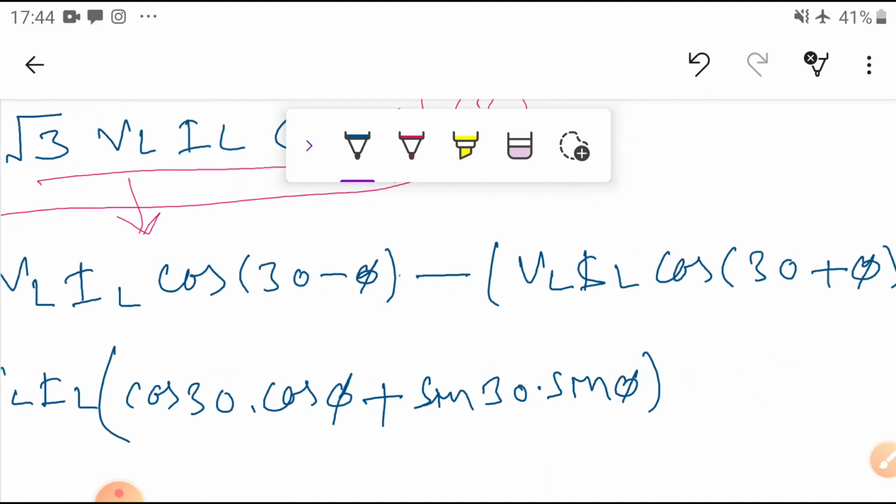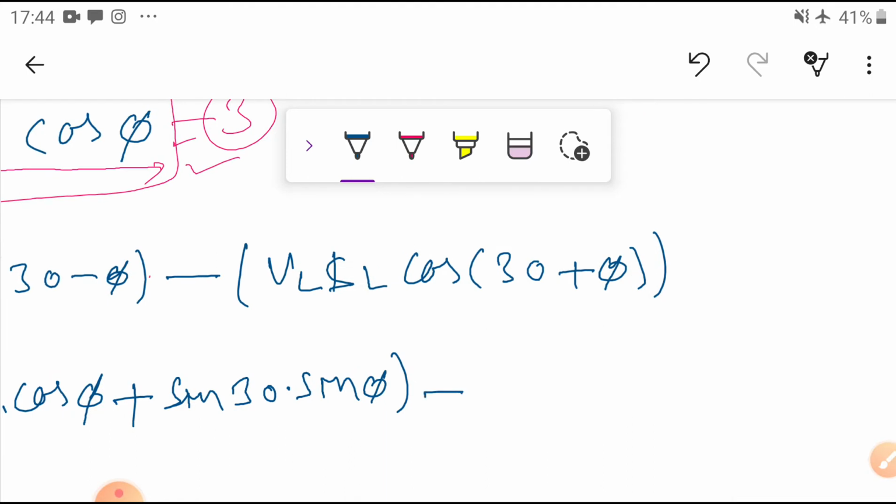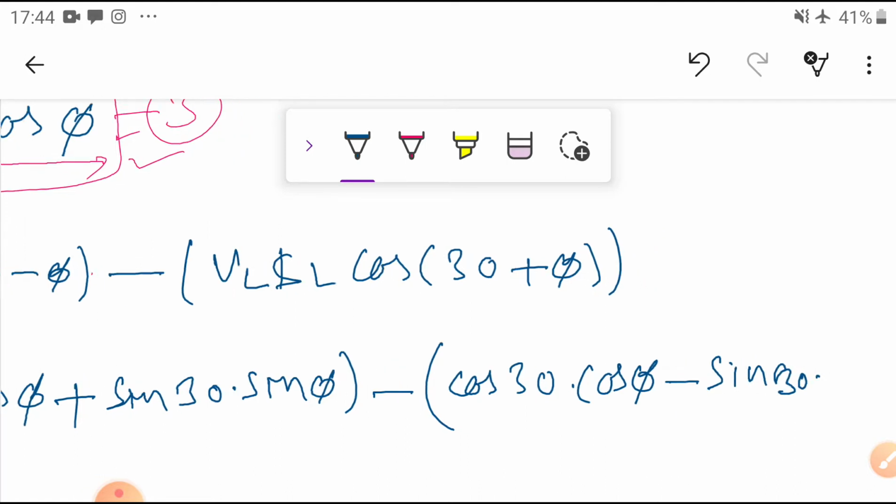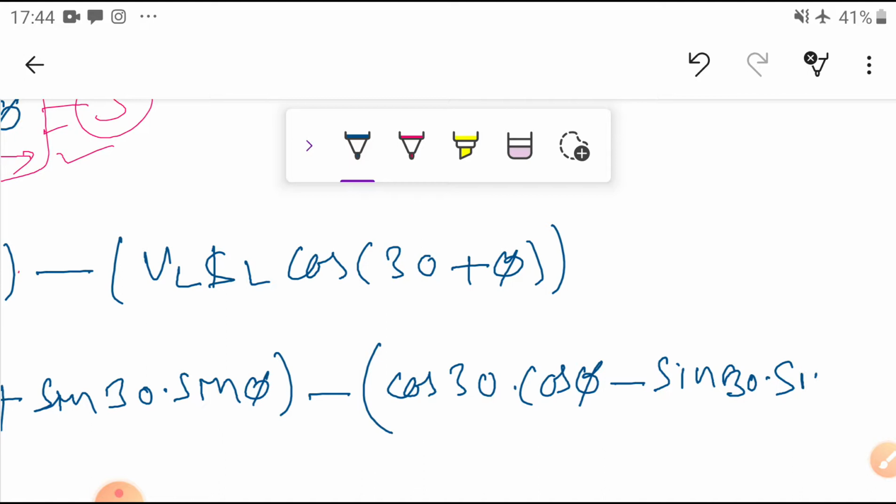Now same thing here, minus is taken out. Now you write it. What is this one? Cos 30 cos 5 minus sin 30 sin 5.